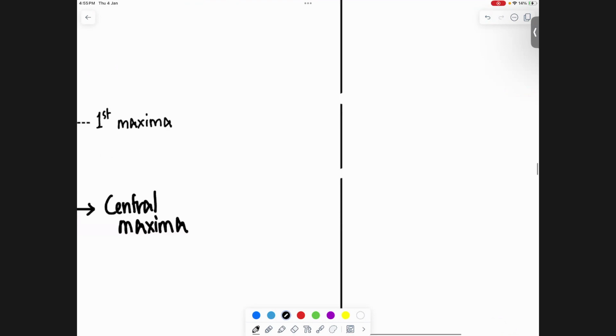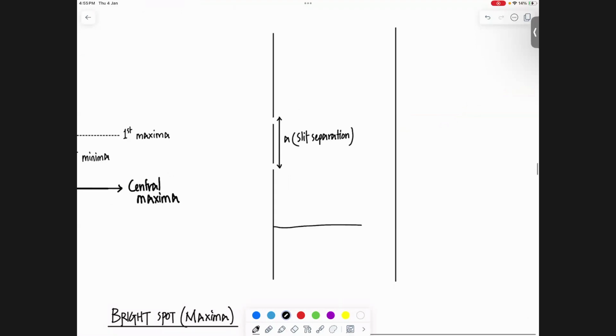So the gap between two slits actually matters for us, and we call it a, which is called slit separation. Slit separation is the gap between two slits, okay? The symbols are very important, they are official. This is D, capital D. This is what? Distance of the screen, like how far is the screen.